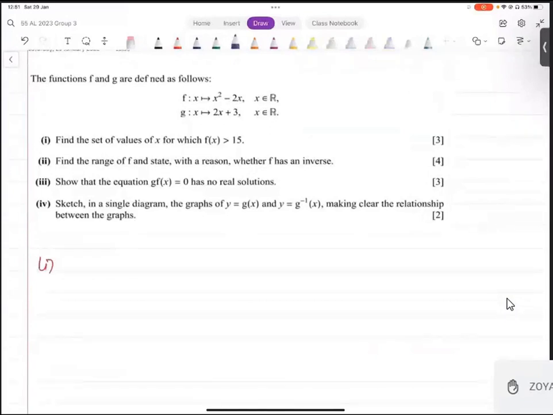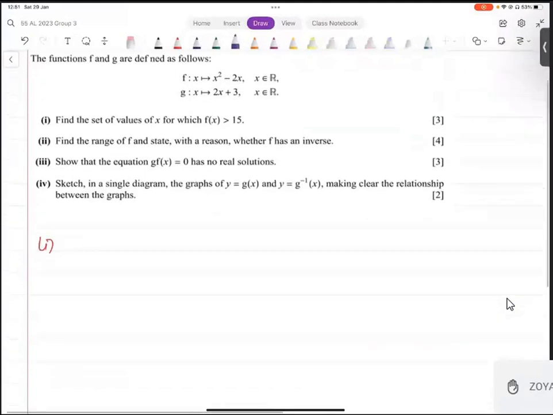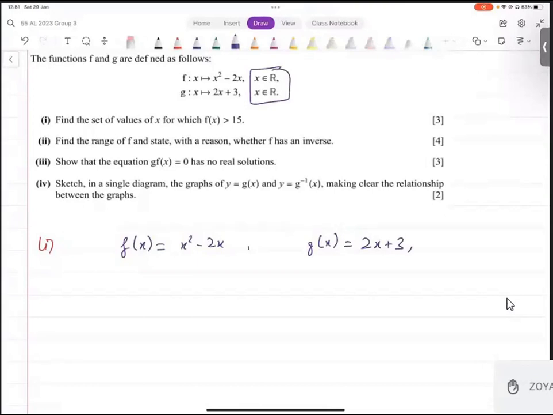And both of them have the domain that x can be any real number. We have to find the set of values of x for which f of x is greater than 15. So first part, f of x greater than 15.